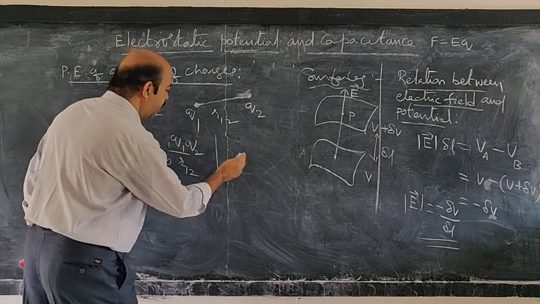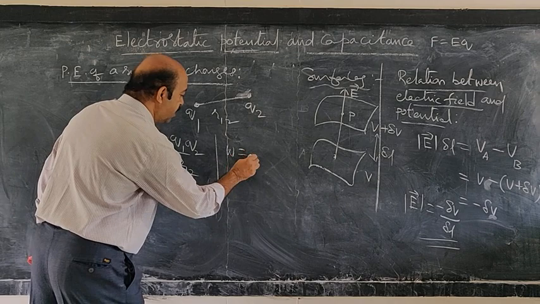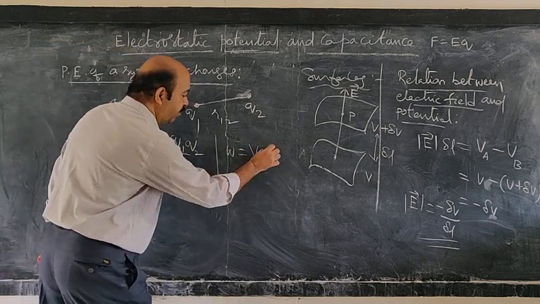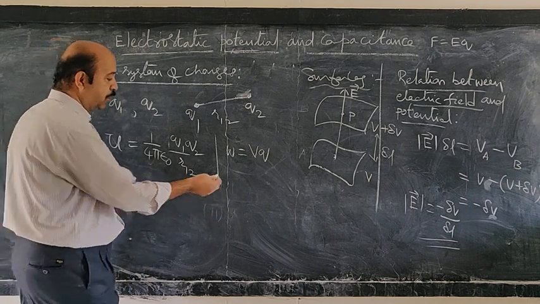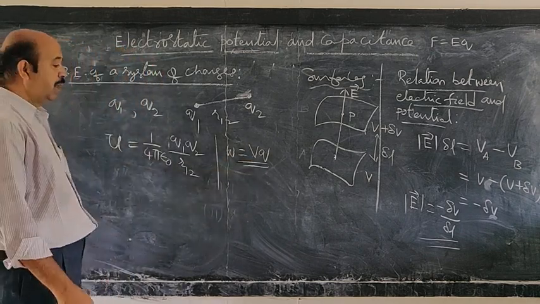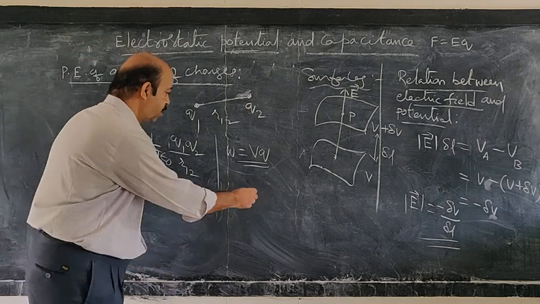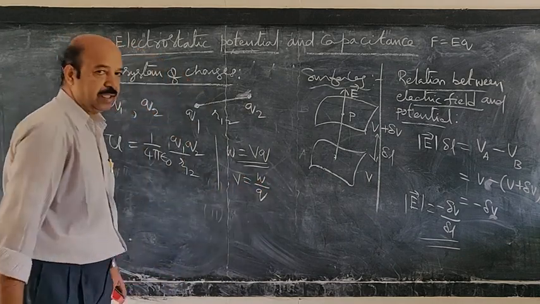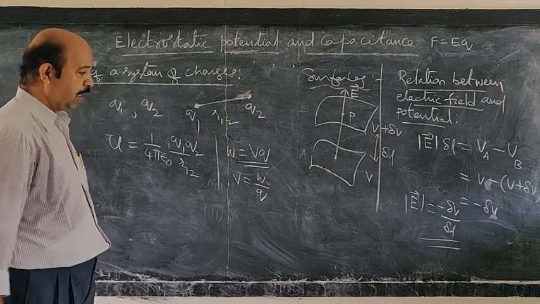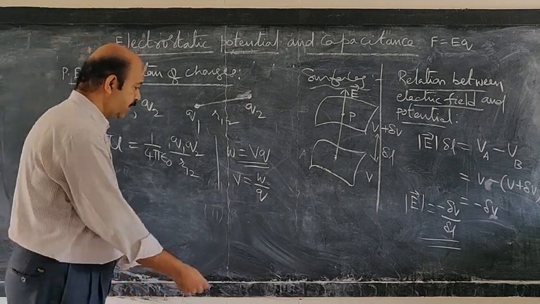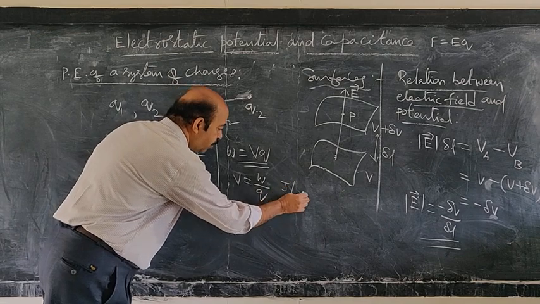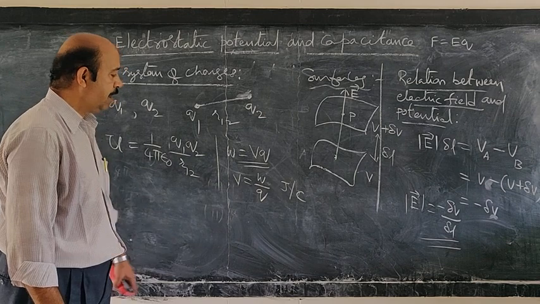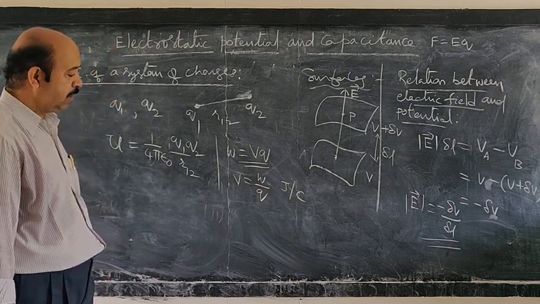So what we did is, potential means work done per unit charge. Therefore total work done to bring a charge Q is given by this formula. And one more point, you should know that V is equal to work done per unit charge. That is what we derived in the earlier equations. So joule per coulomb is the unit of the potential difference or potential.